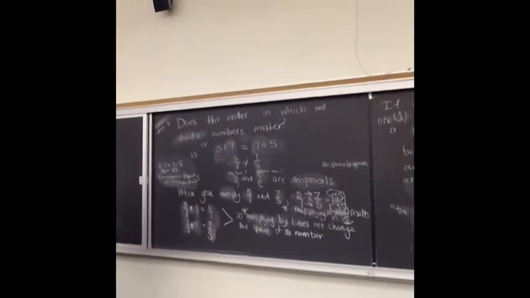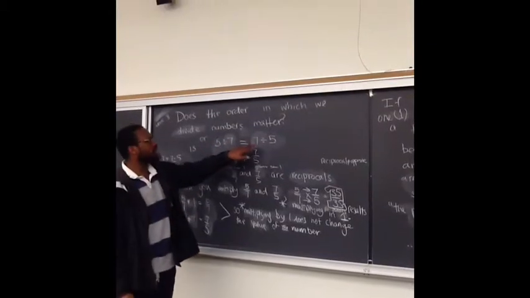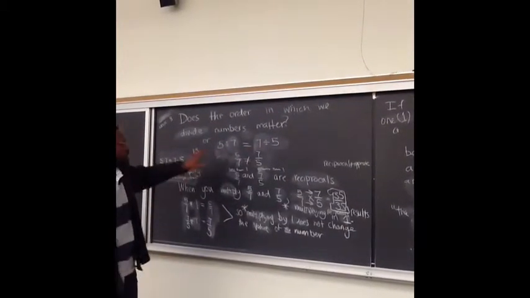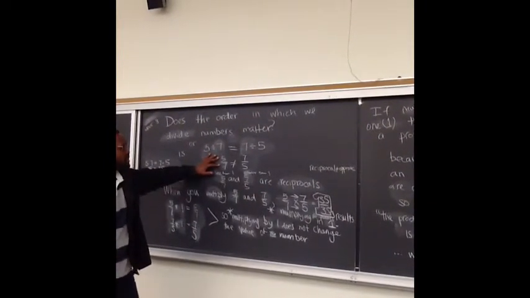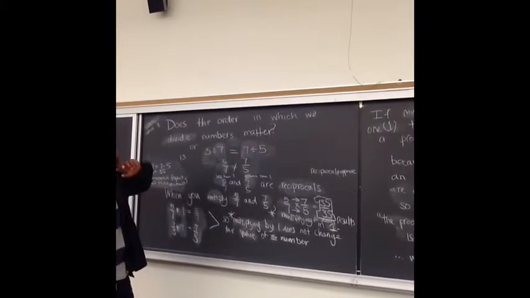Now when we look at division, we say, is 5 divided by 7 the same as 7 divided by 5? Here, 5 divided by 7, we could represent as a fraction, 5/7, and 7 divided by 5, we could represent as a fraction, 7 over 5.